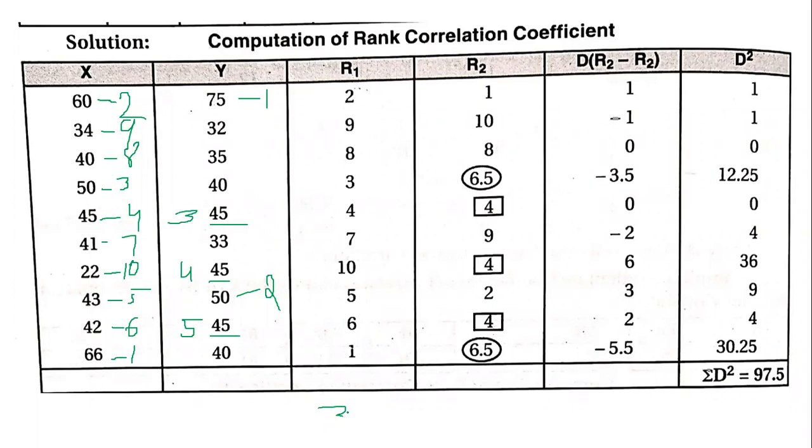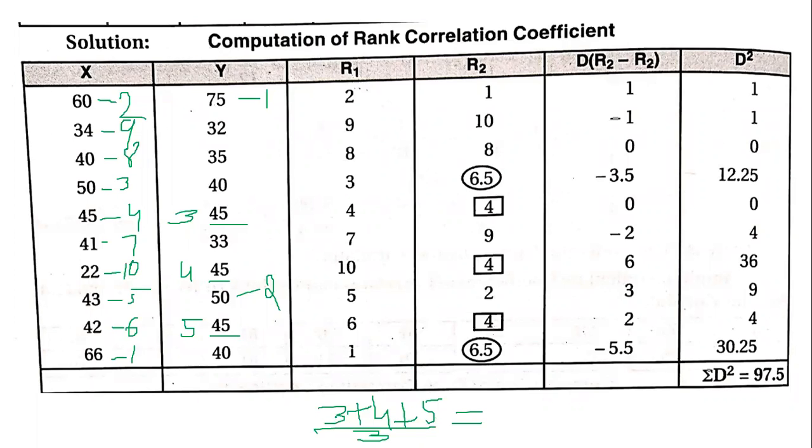So 3 plus 4 plus 5 divided by 3. 3 plus 4 is 7, 7 plus 5 is 12. Akhila, you're talking about rank, is it? Rank we will see later.